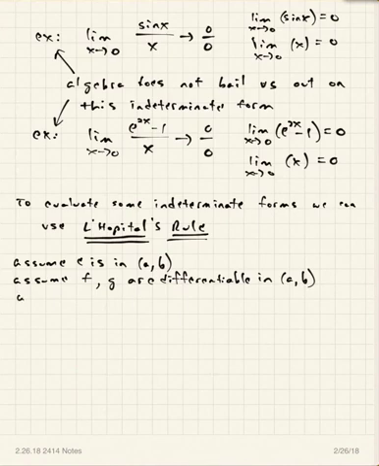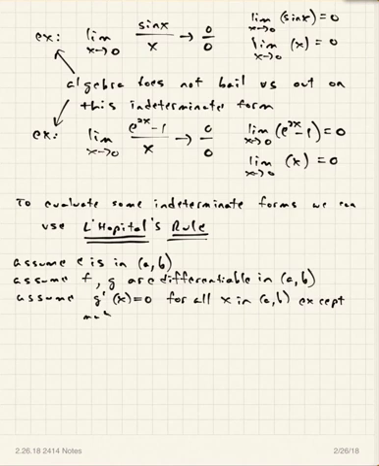And you also assume that g prime of x is not equal to 0, so that the derivative is not equal to 0 for all x in the interval from a to b, except maybe at x equals c. And remember, c is some value in between a and b.